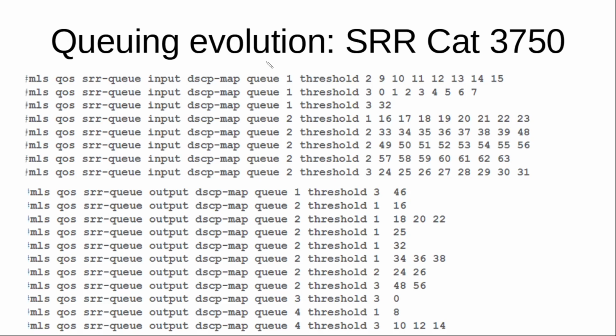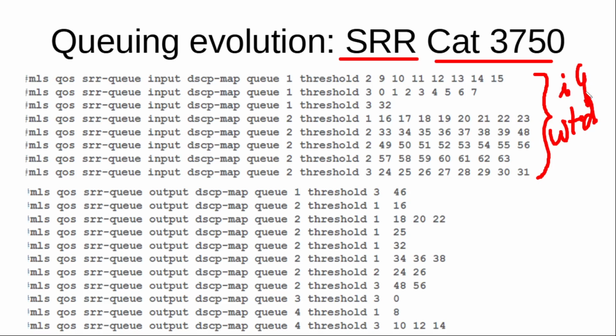Now, this evolved into a series of switches that use shared and shaped round robin, for instance, the Catalyst 3750. In this case, we are configuring weighted tail drop in the ingress queues. Remember that we only have two queues in these types of switches, Q1 and Q2, and we had four queues in the egress.